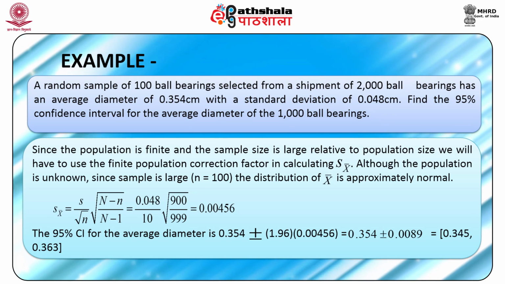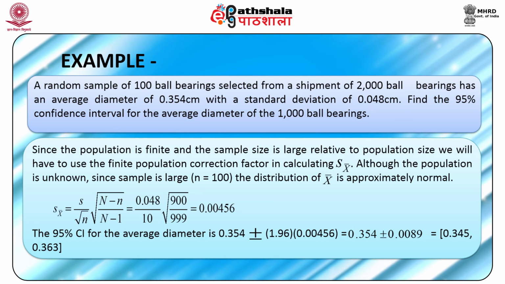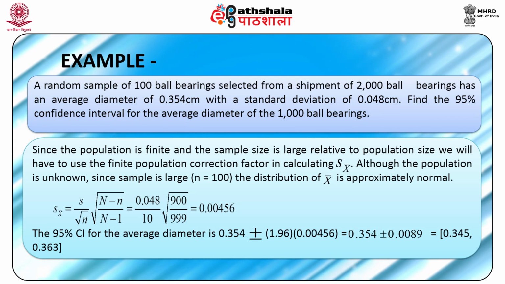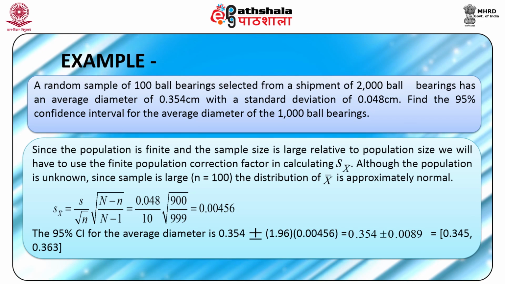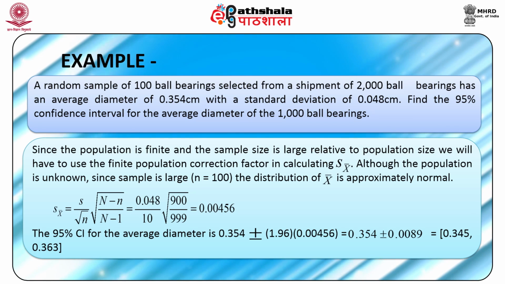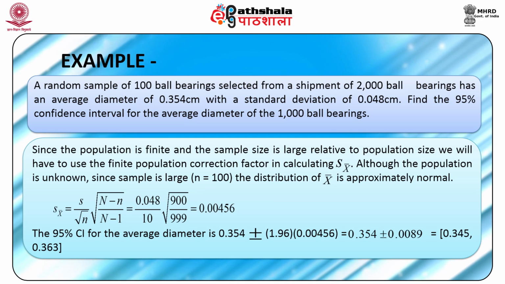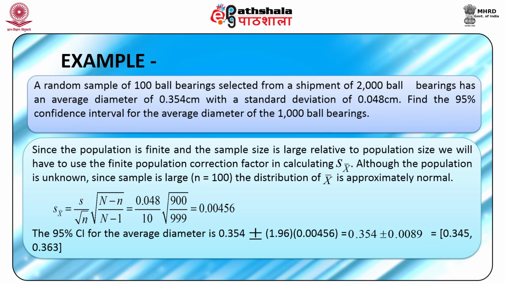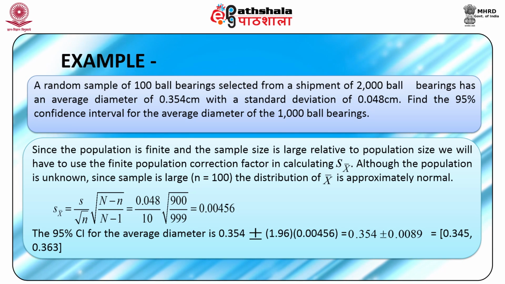Now we can define Sx bar as S upon under root n into under root of capital N minus small n divided by capital N minus 1, where capital N, let me remind you, is the population size and small n, I am sure you by now are familiar, is the sample size.